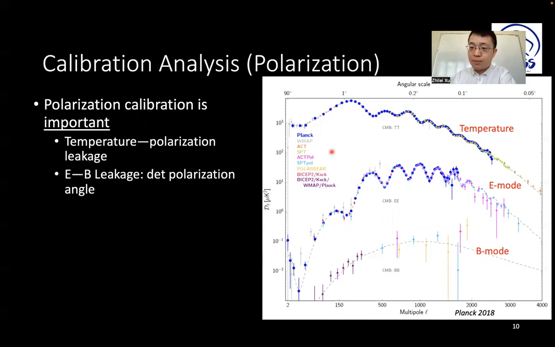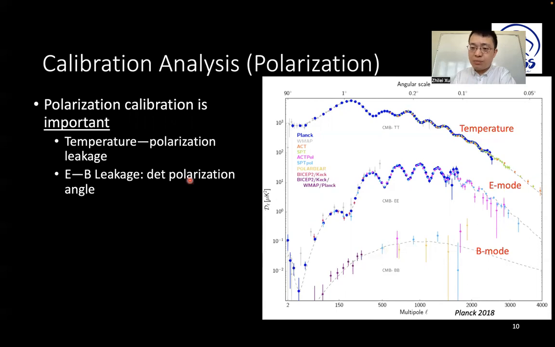If we don't do that perfectly, if we have any leakage, say from temperature to polarization, it will easily overwhelm the E mode, not to mention the B mode power spectrum, right? In addition, if there is E mode polarization leaking to B mode, it will also overwhelm the B mode measurement we are going after, which is determined by the detector polarization angle.